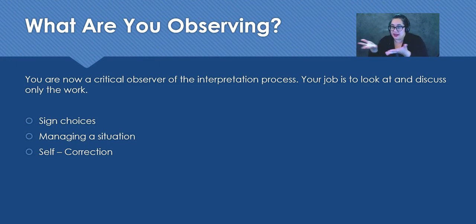Maybe someone's upset. Someone's trying to move the interpreter out of the way or trying to move the deaf person out of the front row seat, or there's self-correction, or they had difficulty hearing something. Did they express that to the client or did they just keep going and drop information? You're looking for those choices that they're making because you want to ask why they chose to do things that way.